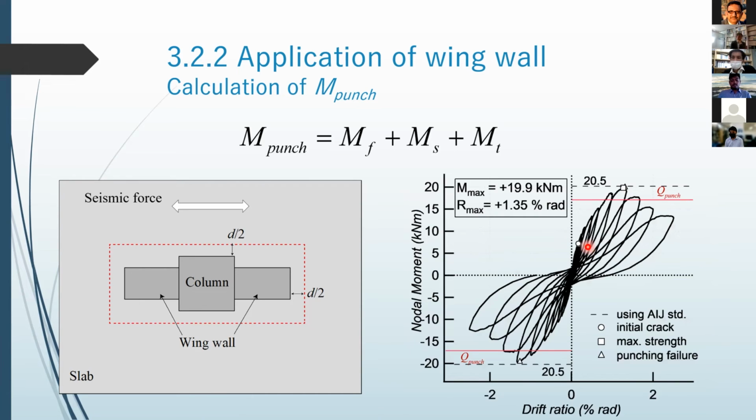This figure shows the comparison between calculation and the experimental result. The red line shows the calculated result of punching shear strength, and the black curve represents the experimental result. So it agrees very well. So we decided to apply this critical section for calculation of M punch.